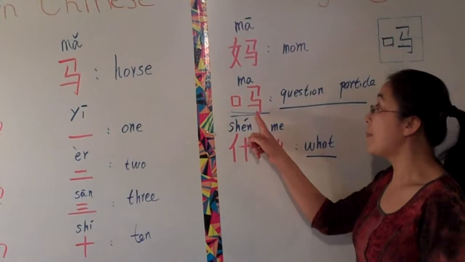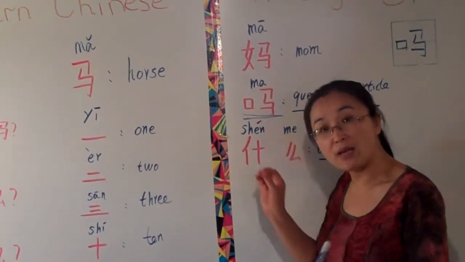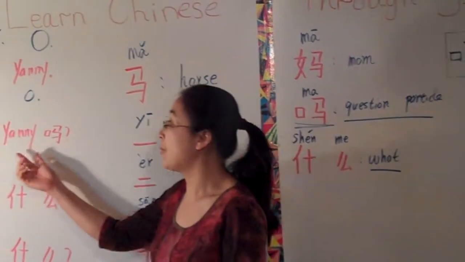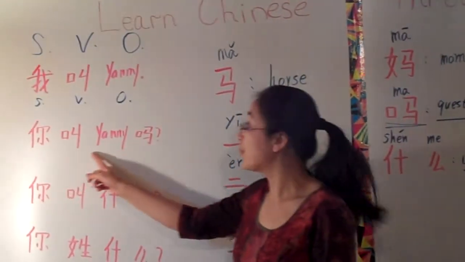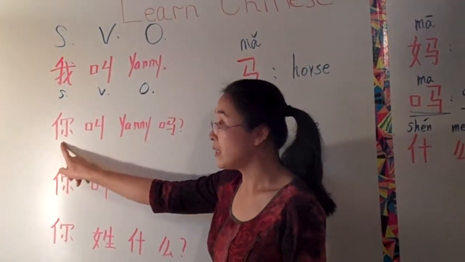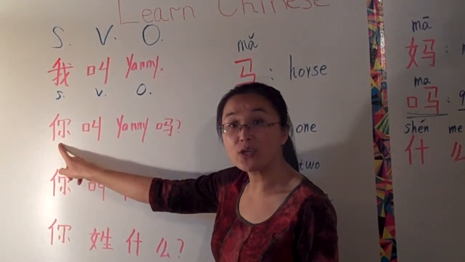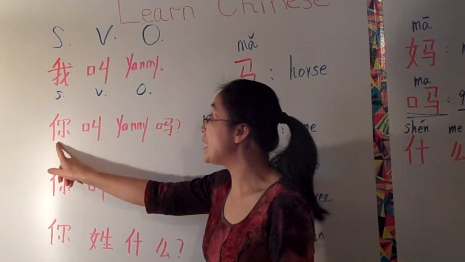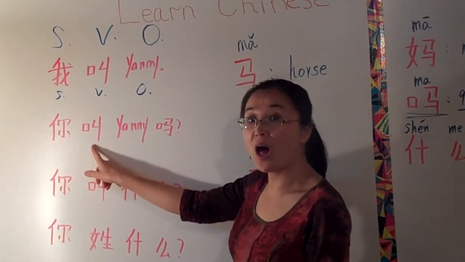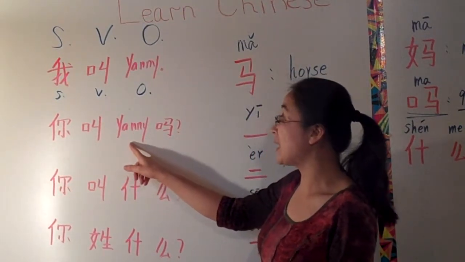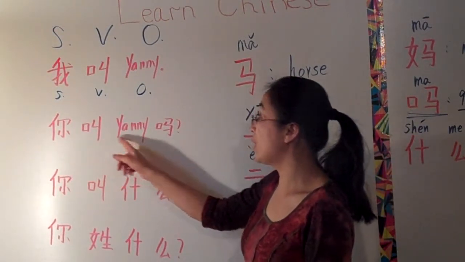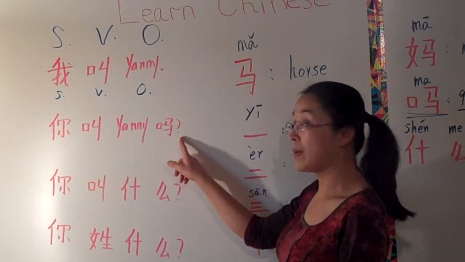Where should we put ma? We should put ma at the end of a sentence. Okay, for example, look at this sentence. 你, remember this character? 你, you, person, small person, right? 你叫Yani ma. You called Yani ma.